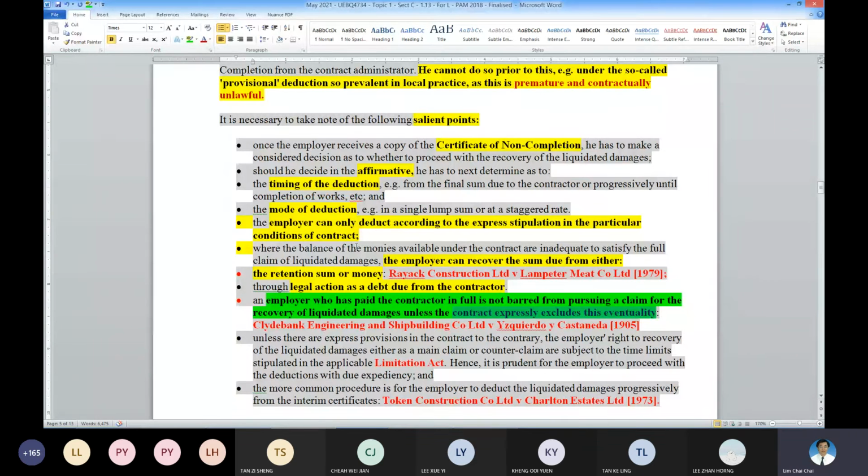If the contract is silent on this, then the money can be deducted. If not, then the employer waives the right. So an employer who has paid the contractor in full is not barred from pursuing the claim if there is no express clause to deny this.